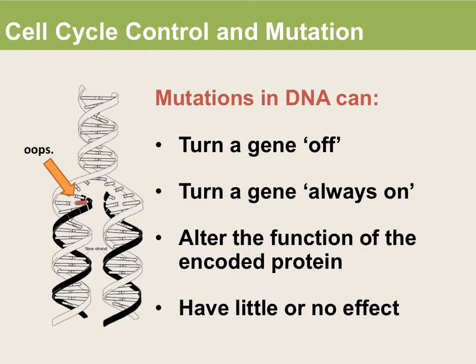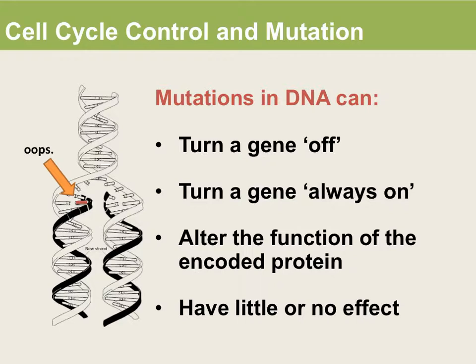Now remember, we were talking about mutations in DNA. Not only do they turn genes on and off, but it's more like a dimmer switch, actually. So it's not just on or off, but the amount of gene product that's actually being made. In other words, the amount of protein that's actually being made. Okay? But let's say it's an on-off sort of switch.